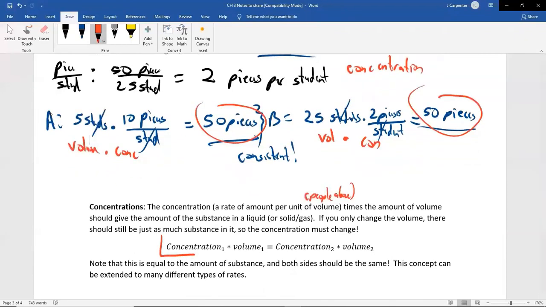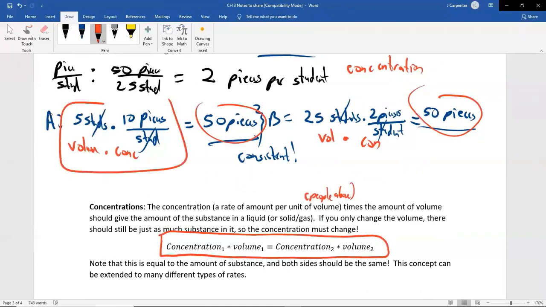So this is the concentration formula. If you take one scenario's volume times its concentration, and you don't change any of the parameters, you just have more or less people, more or less fat, more or less liquid, whatever, that product has to be the exact same thing as the other scenario's volume times its concentration.